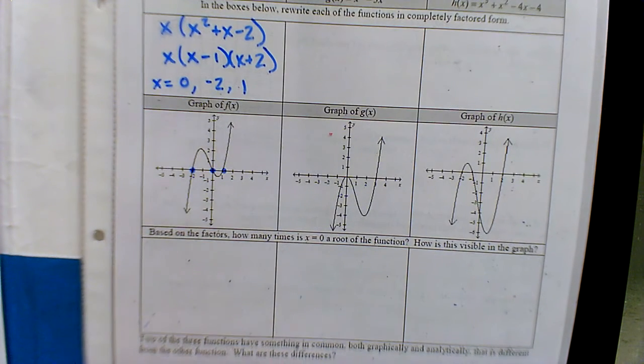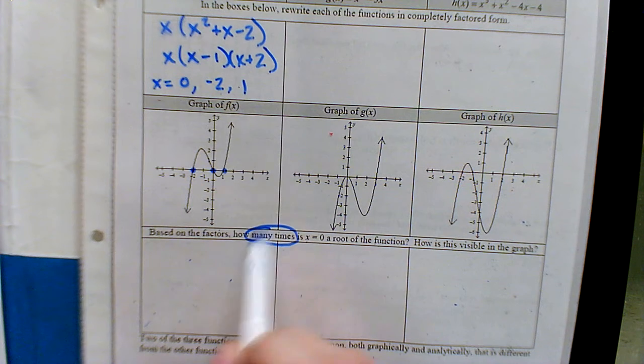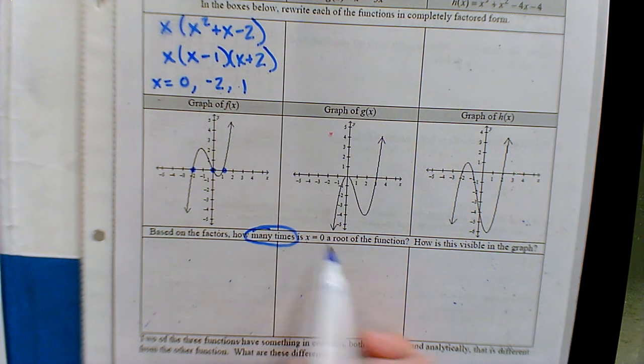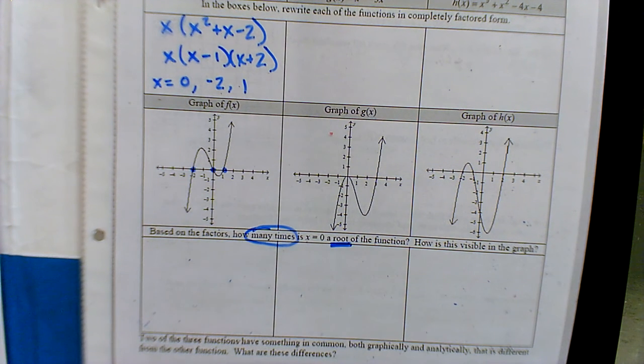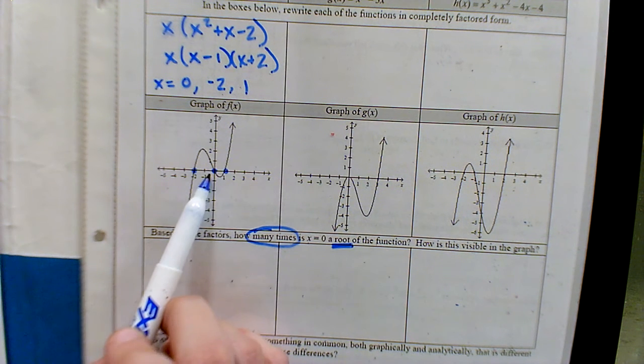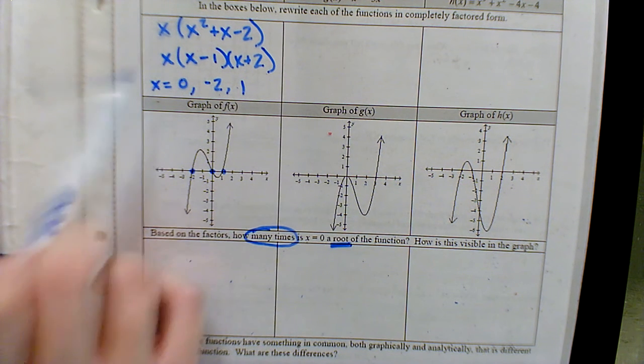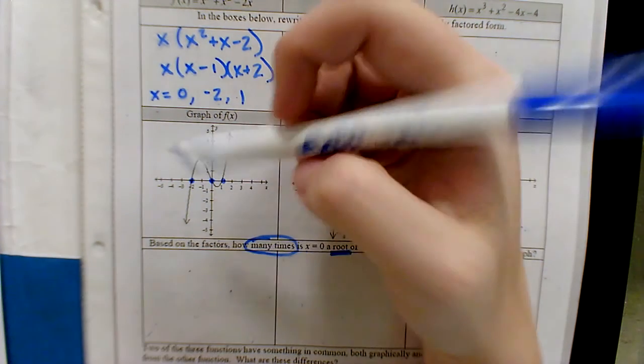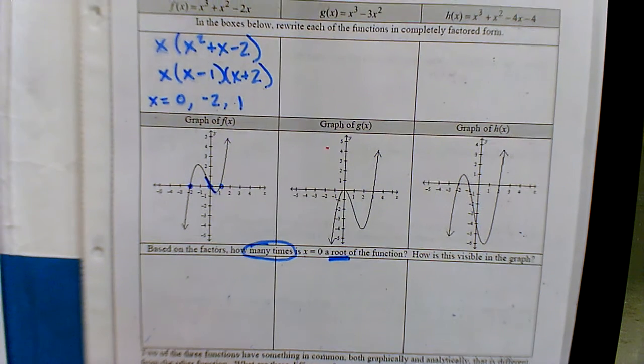Based on the factors, how many times, aka multiplicity, is x equals 0 a root, an x-intercept? Can you tell based off the graph? Can you tell based off the equation what the multiplicity is? Yeah. If you have a graph, notice how it goes straight through, so that's a multiplicity of 1.